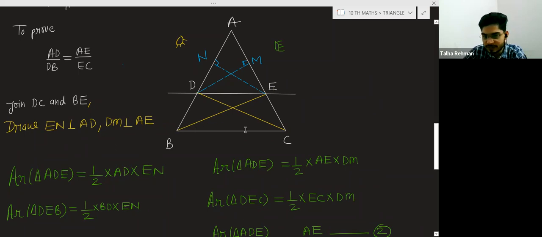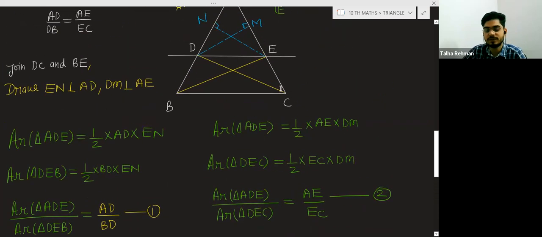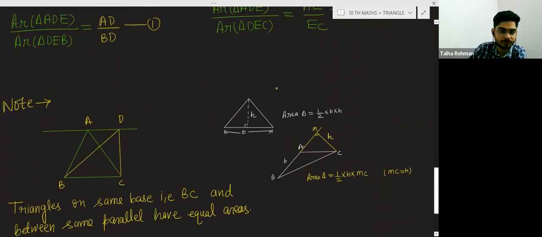And BC is the parallel. So here also two triangles have same base, and they are in between two parallels. One parallel line is this, another is this. So both the triangles have equal area. So this triangle DEB has equal area with triangle DEC.